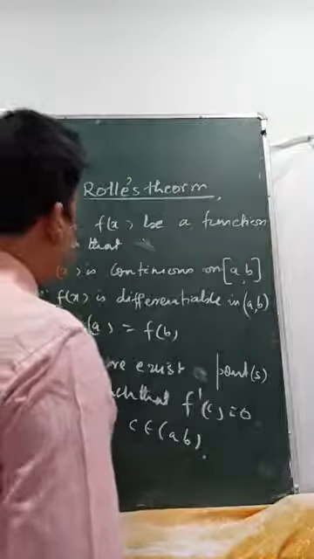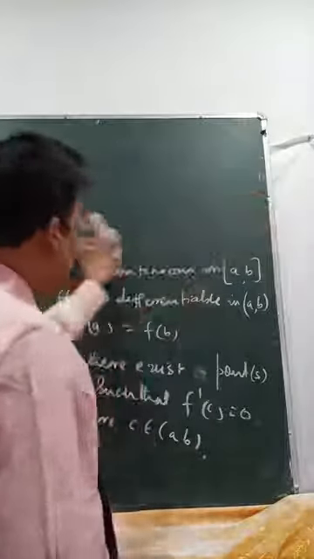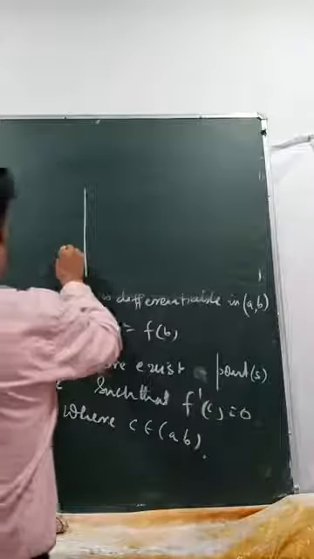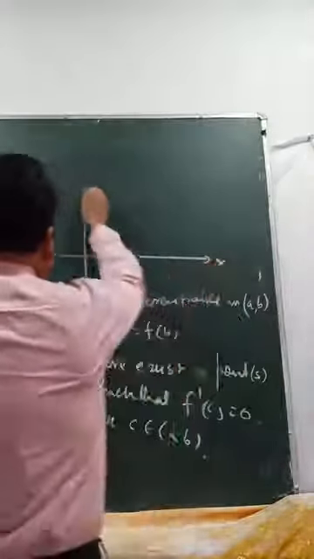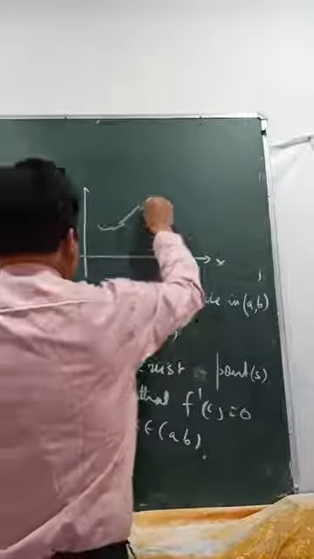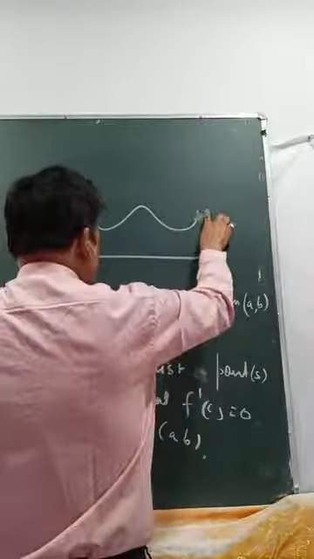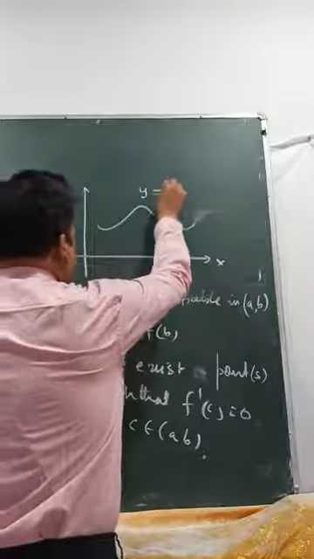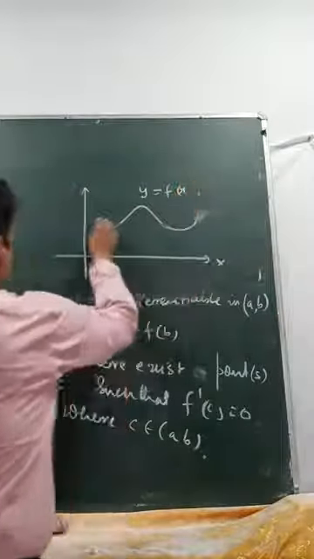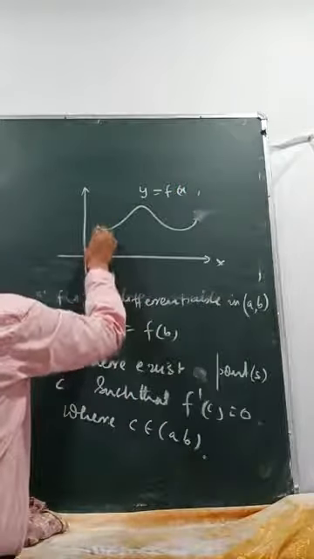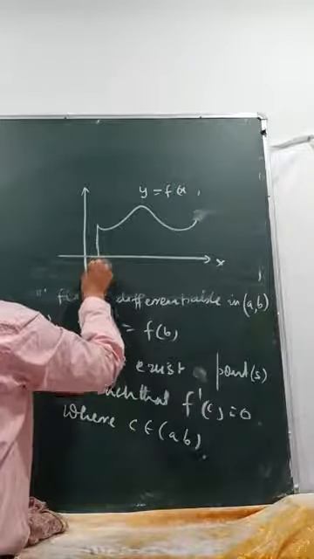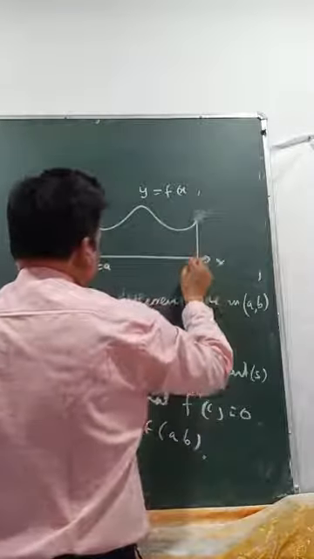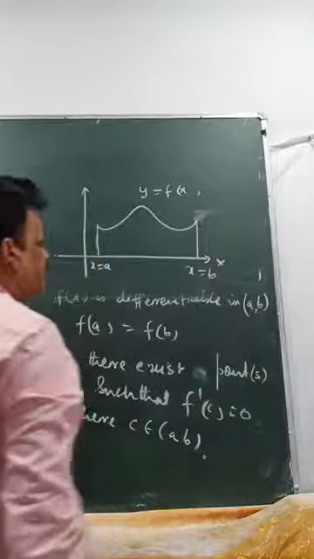Okay, try to understand this. 3 points we will be discussing on this. Suppose there is a curve y equals f(x). Now if I draw here, this is x equals a, this is x equals b.